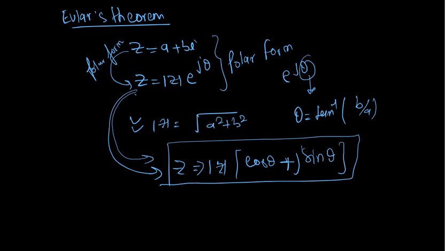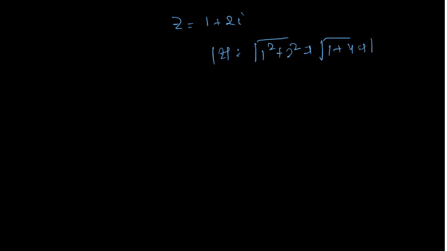If somebody asks you, z equals 1 plus 2i is given, find its polar form. So you see, for this mod z will become the square root of 1 squared plus 2 squared, so it will become the square root of 1 plus 4, that is the square root of 5. And now if we want to calculate the argument, that is theta, then it will be tan inverse of 2 divided by 1, so tan inverse of 2.